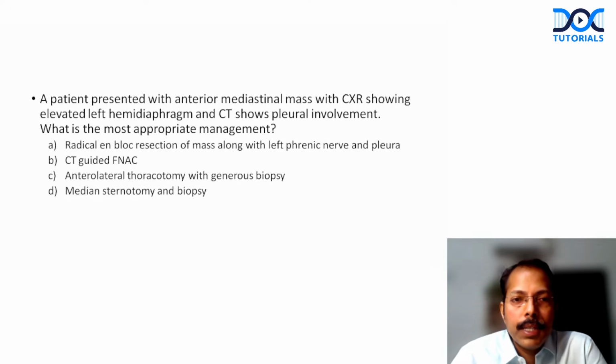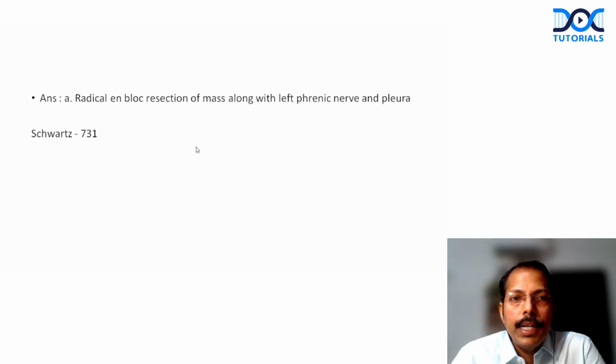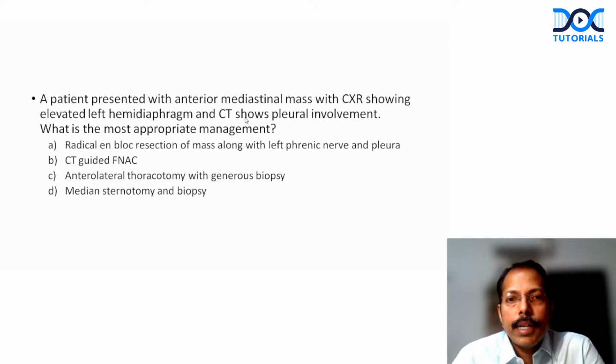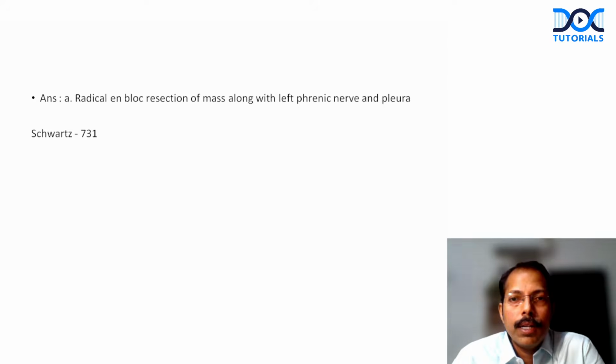The options given were like this. So according to me, the right answer is a radical en bloc dissection of the mass along with phrenic nerve and pleura, assuming the most common anterior mediastinal mass is a thymoma. So invasive thymoma, we have to treat aggressively because we can expect a surgical cure from a thymectomy for a thymoma.